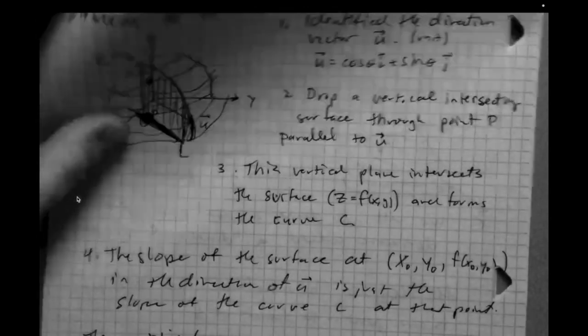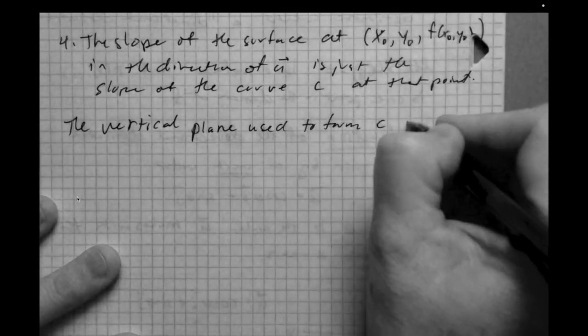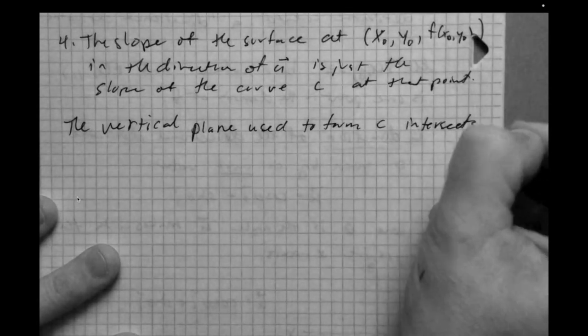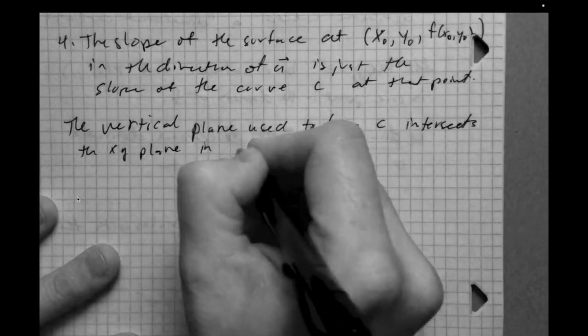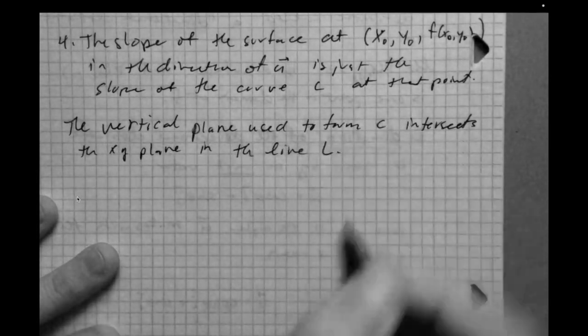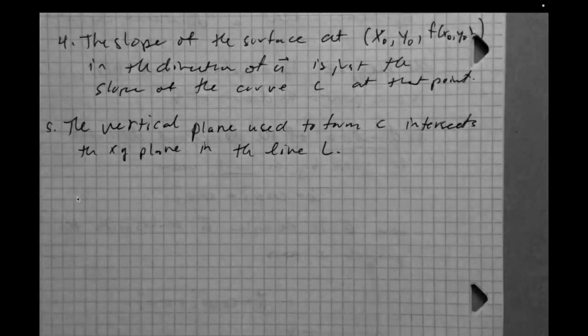So the vertical plane used to form C intersects the xy plane in the line L. Let's go ahead and make that number 5.